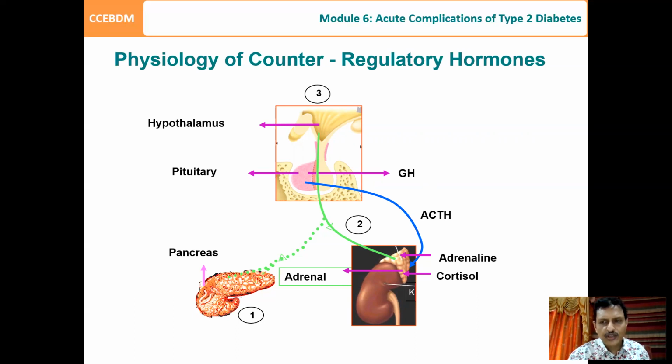The second action is to produce glucagon, and the third action is to produce adrenaline, cortisol, and growth hormone, the other anti-insulin or counter-regulatory hormones. And because there is a production of adrenaline, there will be adrenergic symptoms, which are the warning signs of hypoglycemia.